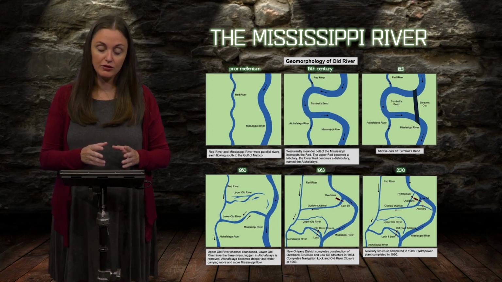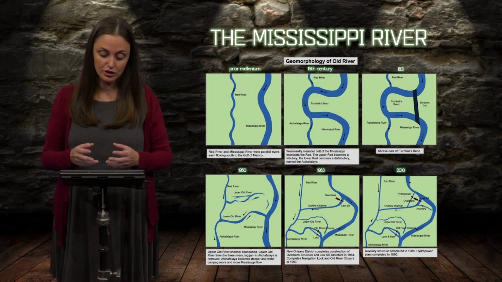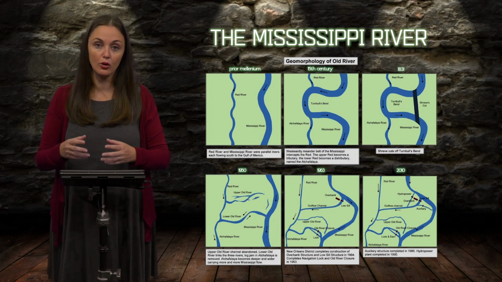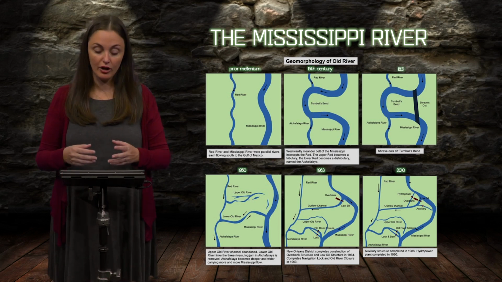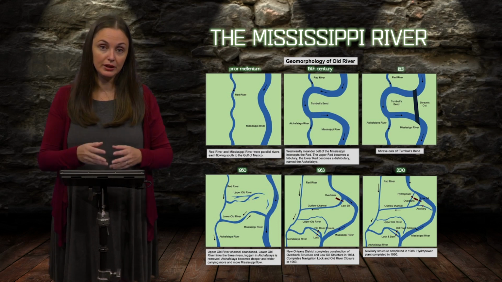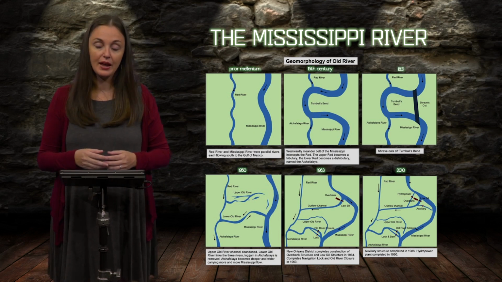So in the first of these pictures, showing the geomorphology of the Mississippi River and the old river and how that's changed to the new structure, we have the Red River and the Mississippi River as completely independent from each other.